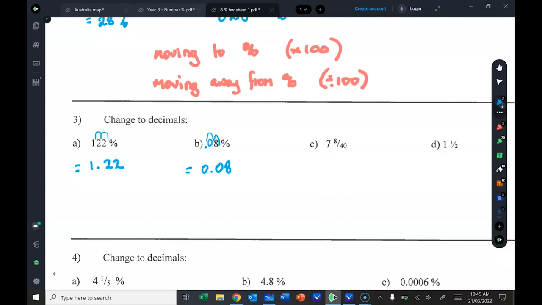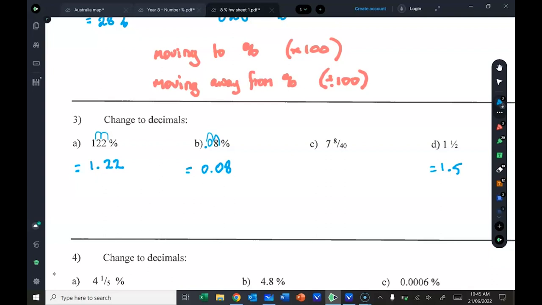All right, I'm going to skip to the last one first because the third one's actually the hardest in this list. If I've got 1.5, you should know that a half is 0.5, okay? So in this one, I've got 1.5. But when I go back, 8/40ths is really hard to convert to a decimal. You guys might be able to do that because you've got a calculator.